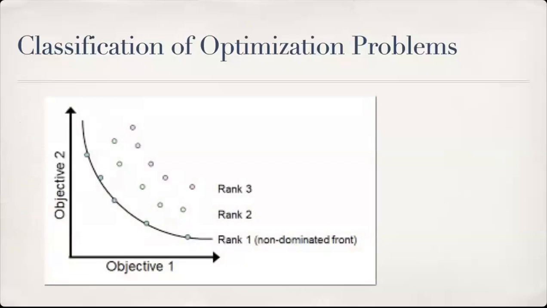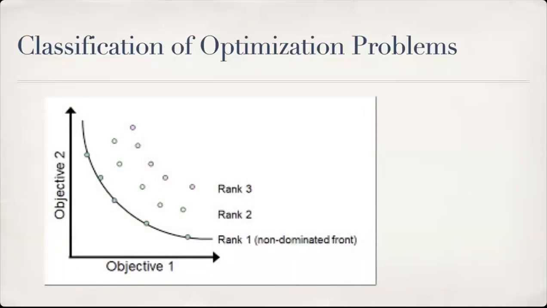And what is the solution in the case of multi-objective? Of course, if we plot objective 1 against objective 2, f1 and f2, we see that if the objective functions conflict, for example, the first objective function conflicts with the second, we end up with a non-dominated front.